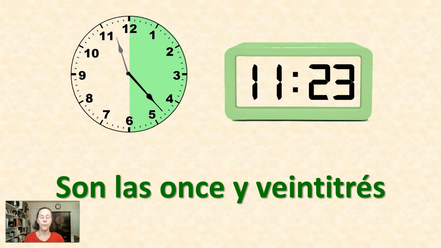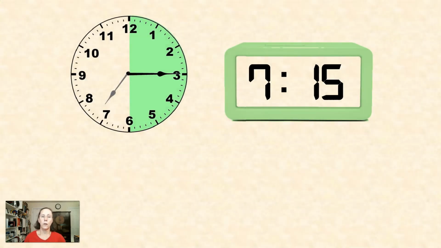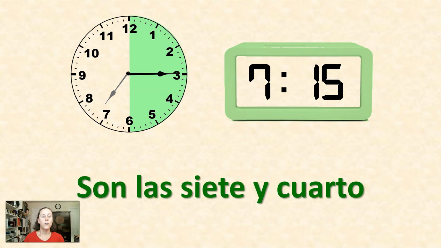once y veintitrés. All right. Now, your English thinking brain is going to look at this and say 7:15. But we have to remember that 7:15 is actually a quarter of the minute hand's path around the clock. So when we're talking about the 15s, we're going to say son las siete y cuarto.